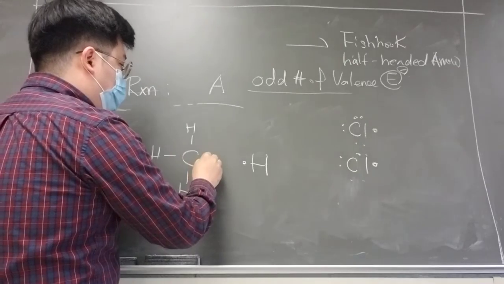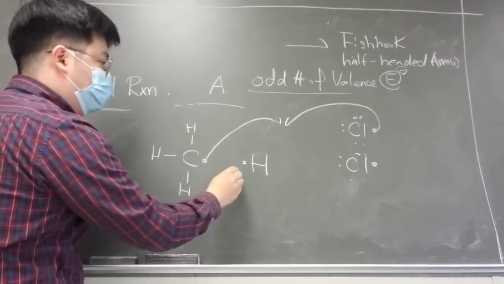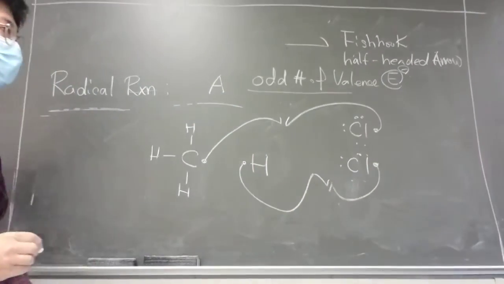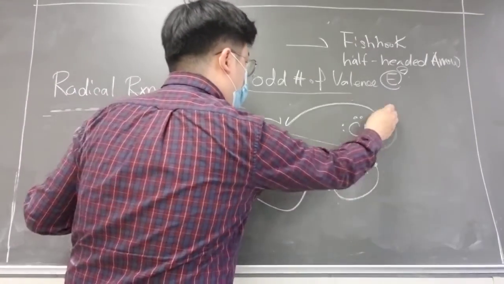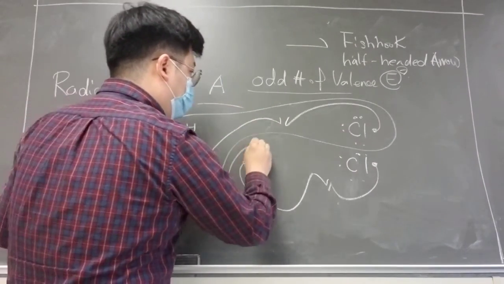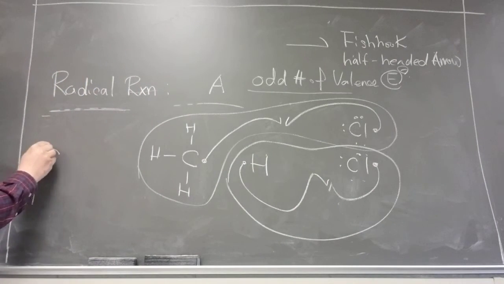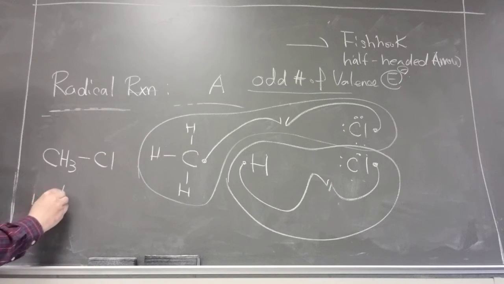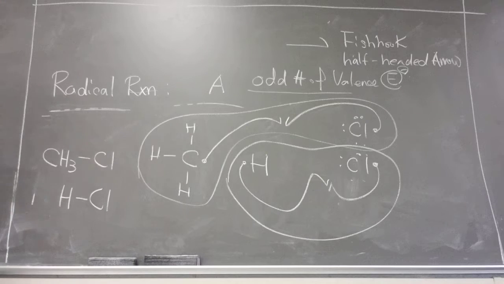So what they do is they try to do radical reactions. And then the outcome will be what? You can picture this one separately. So you can have this one. This is just one example of radical reactions.